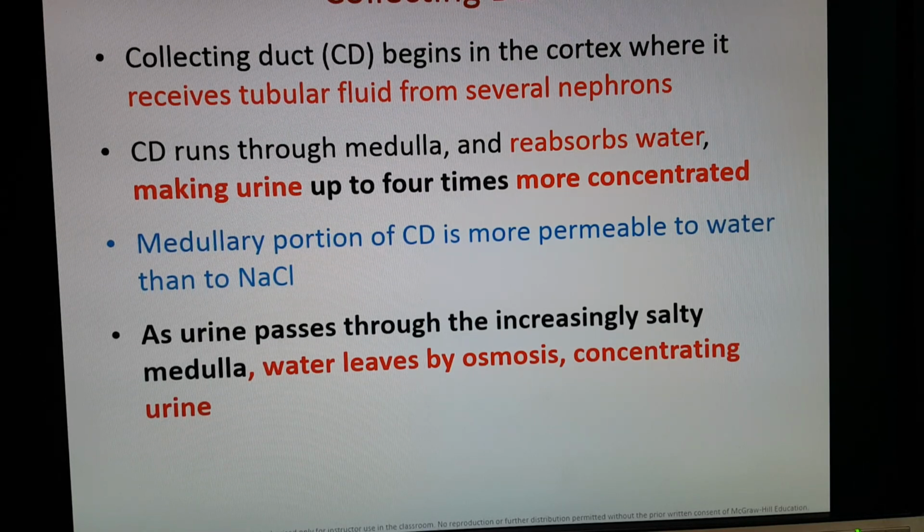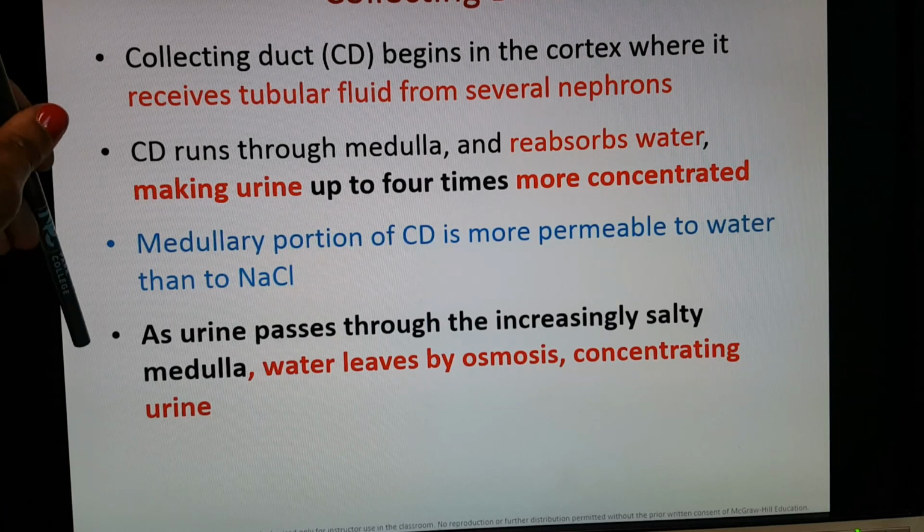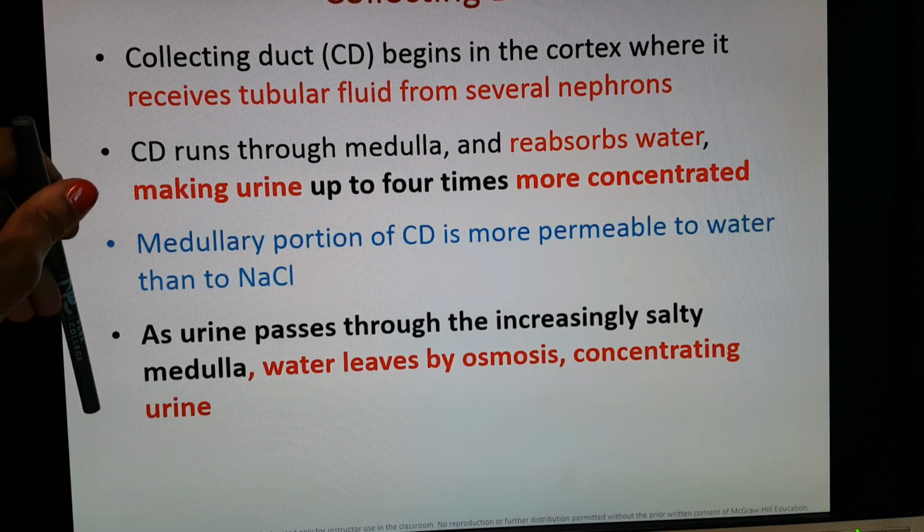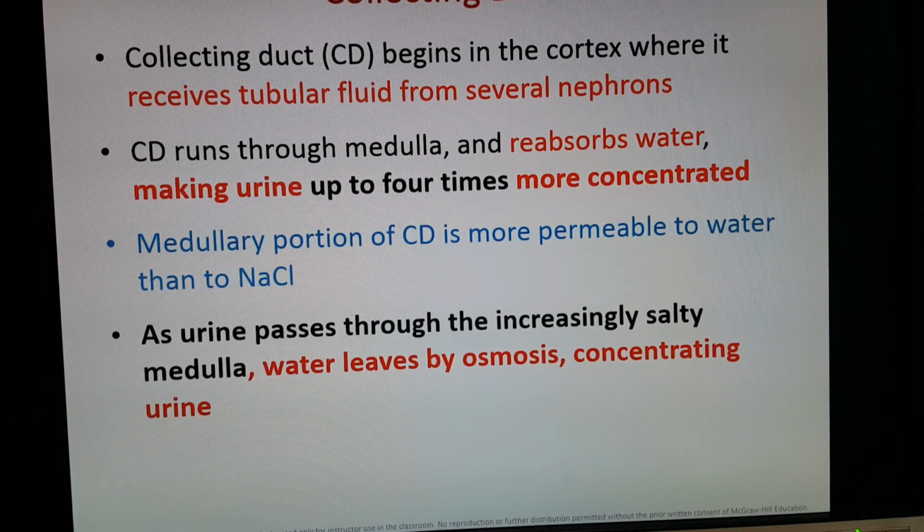So water leaves by osmosis as the urine passes through the medulla. As it goes through the medulla, the surroundings become more and more salty, with increased osmolarity, pulling water out of the collecting duct and helping to increase the urine concentration.